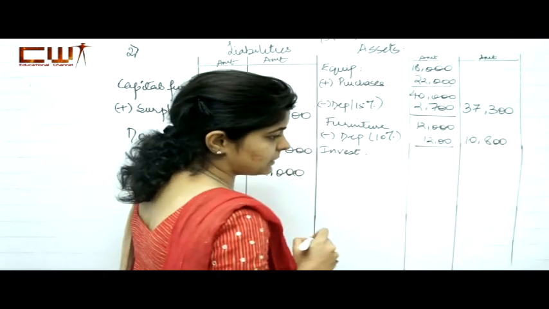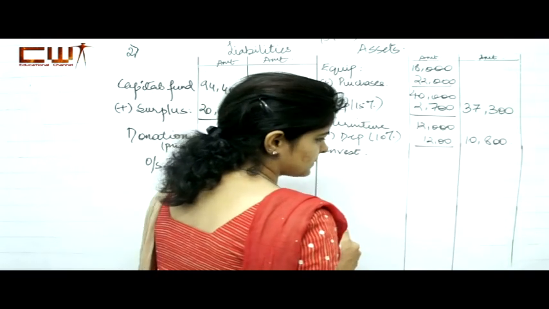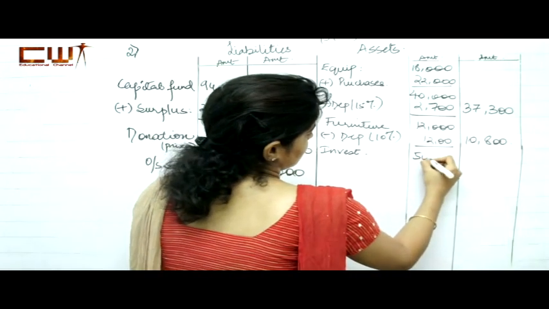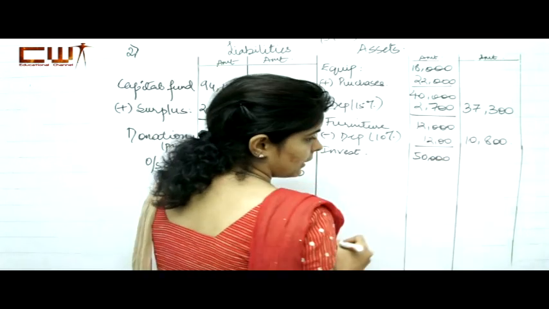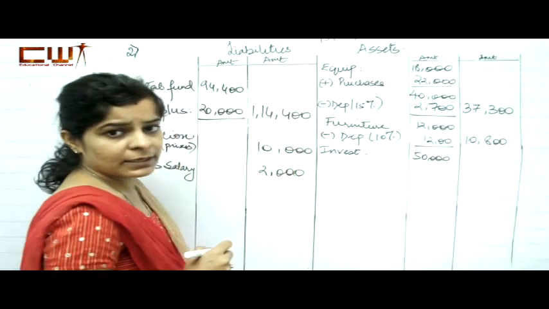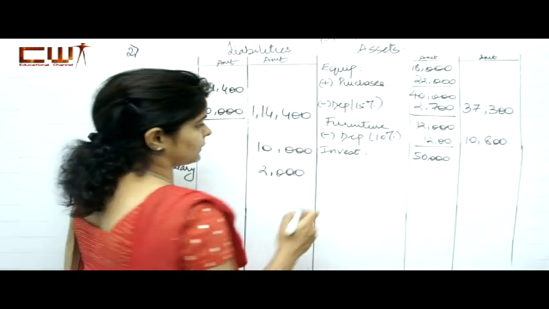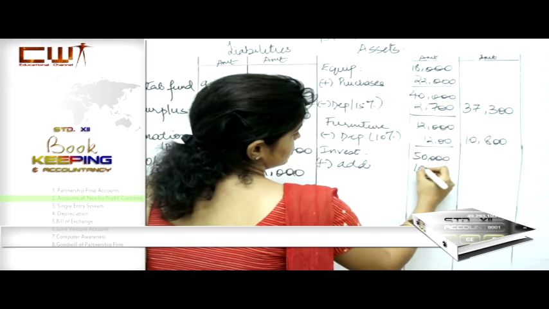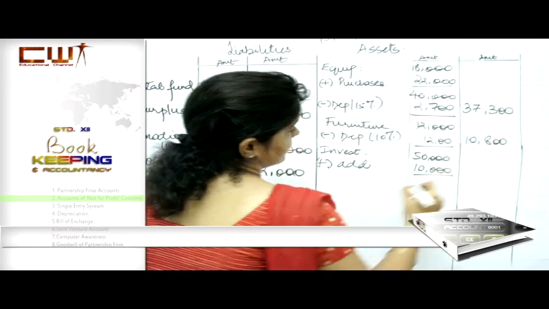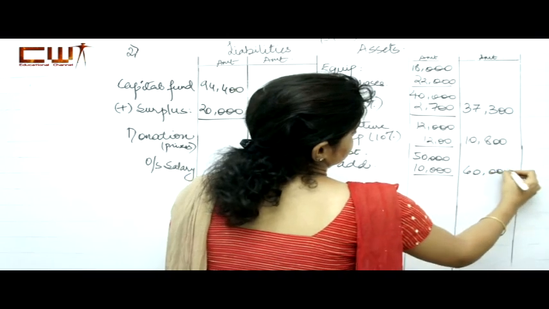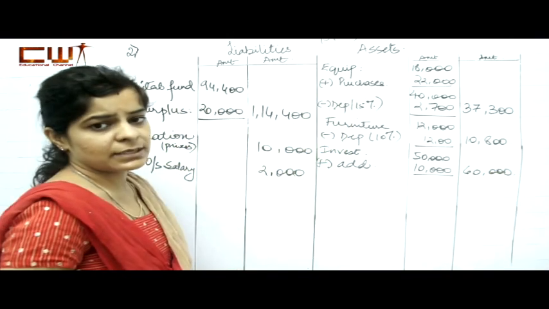Investments, how much they have given to you? 50,000, right? Then what more they have asked you? Investments, there is addition of 10,000. So total will be 60,000. So this is investments.